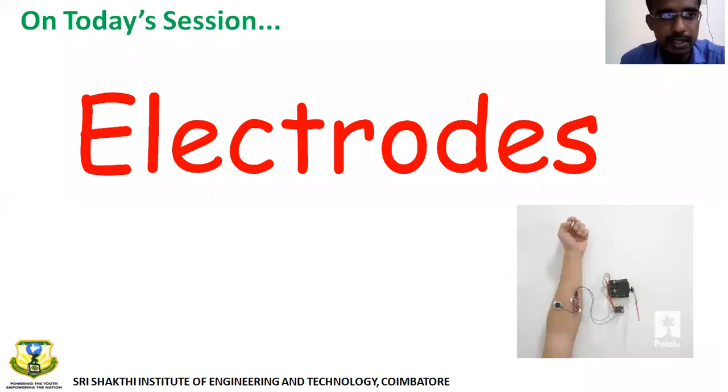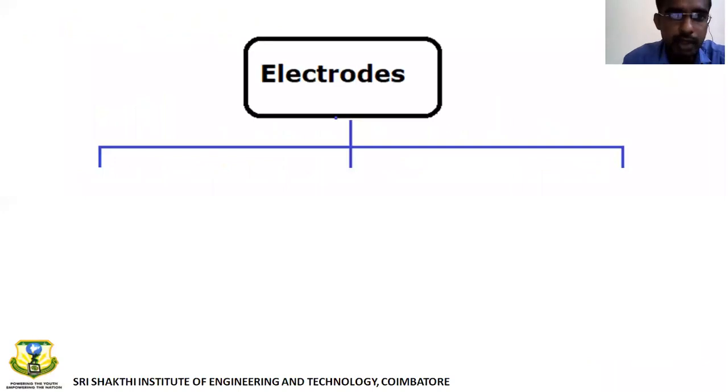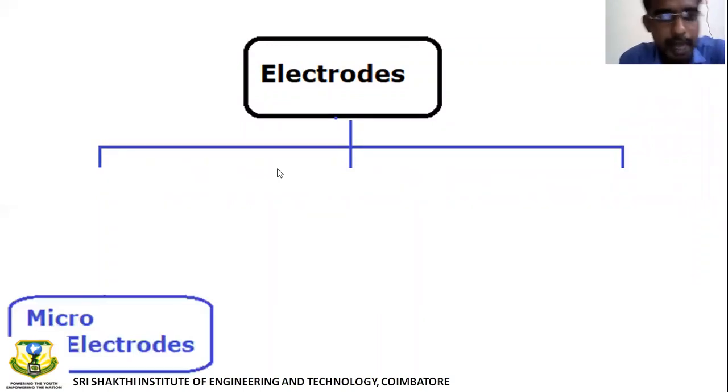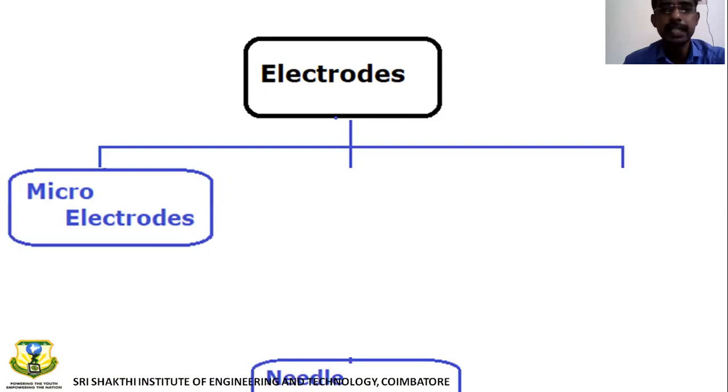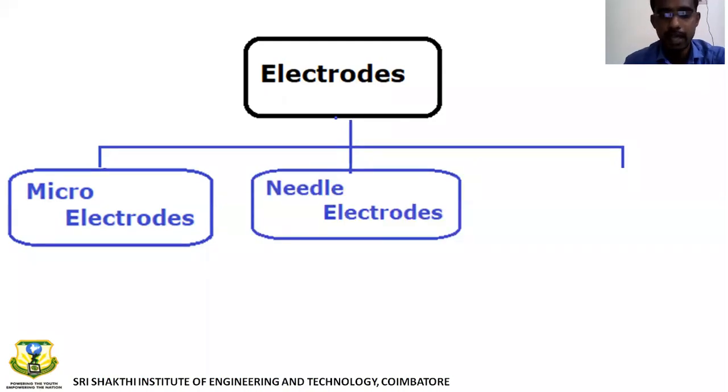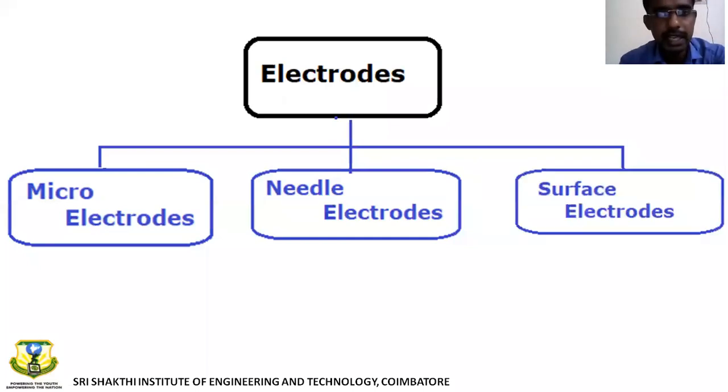As simple as that. These electrodes are broadly classified into three types. One is micro electrodes, the other one is needle electrodes, and the last one is surface electrodes. As I told in the previous case, they used surface electrodes.